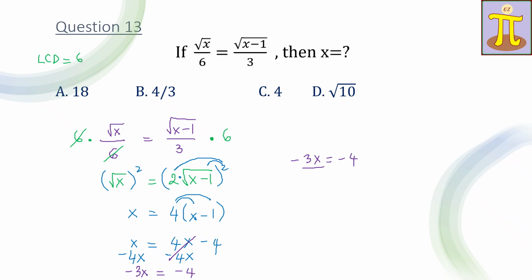Now you divide both sides by negative 3. So you isolate x, and negative divided by negative is positive. So it becomes 4 over 3. So in this case, B is the correct answer.